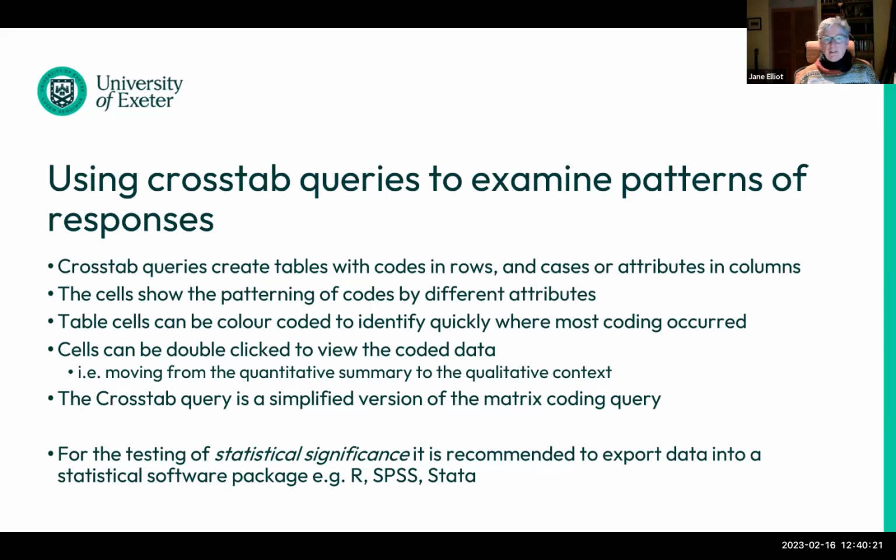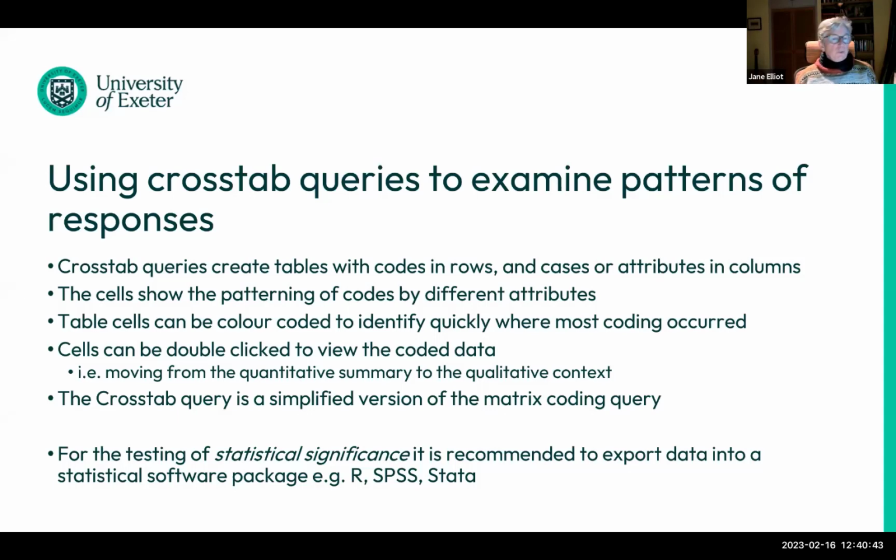But the point here is that we're moving from the quantitative summary to the qualitative context. And this then is really at the nub of how NVivo is helping you to do mixed methods research, because it's all about moving backwards and forwards between the qualitative and the quantitative.